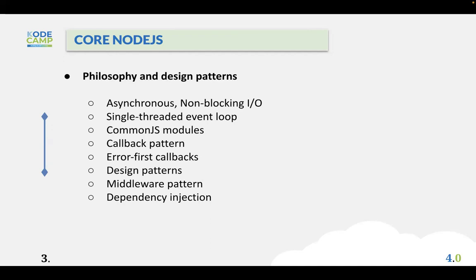Then there's a callback associated with it. After reading that file, it will pass the result to the callback function. Then the callback function will complete what you are to do with that result next. So the response is then sent back to the client.